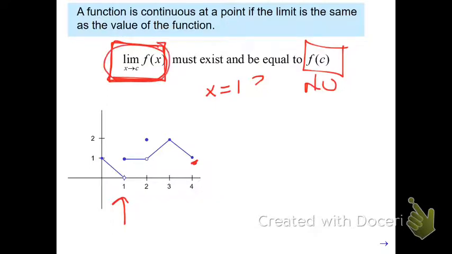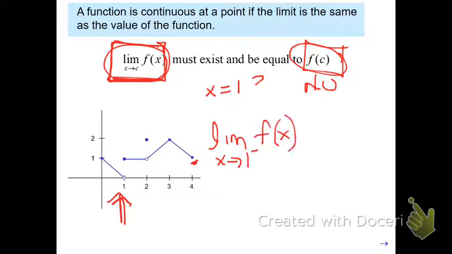So I usually put these two things together in a three-part definition. Here you go. In order for the limit to exist at 1, the limit from the left, as x approaches 1, would have to equal, hold on, I'm going to rewrite this. It's a little messy.